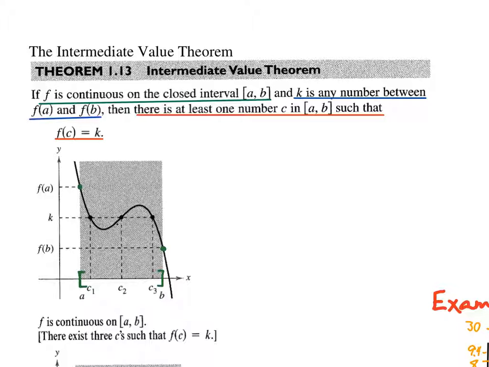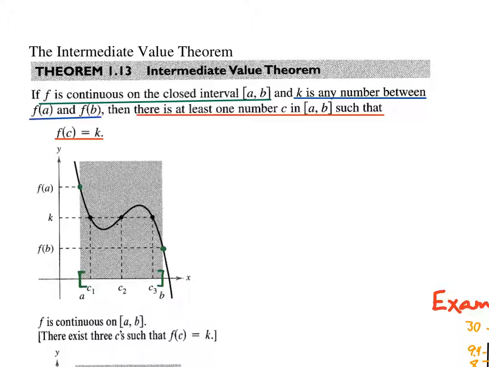Then this is what it's saying: there is at least one number c in the closed interval from a to b such that f of c equals k. And there's a maximum of 3, right? Actually, it's possible to have an infinite number, depending. In this case there happens to be 3.